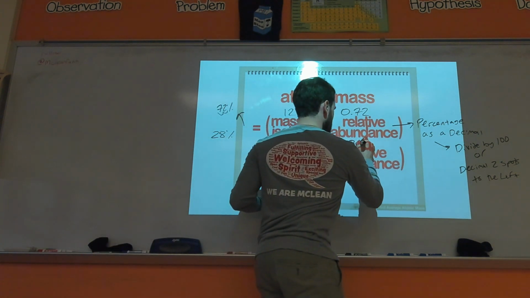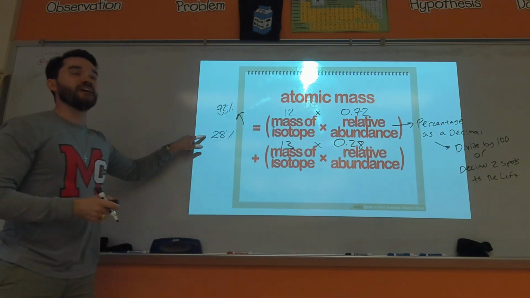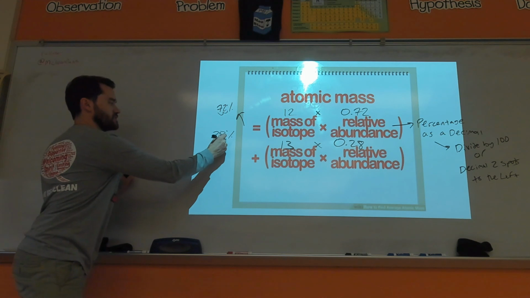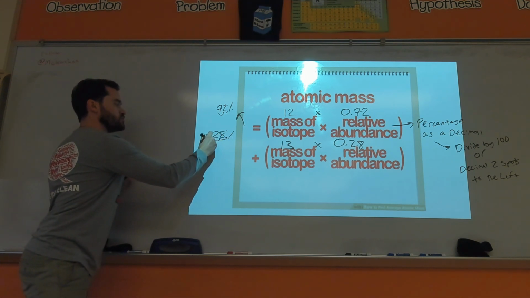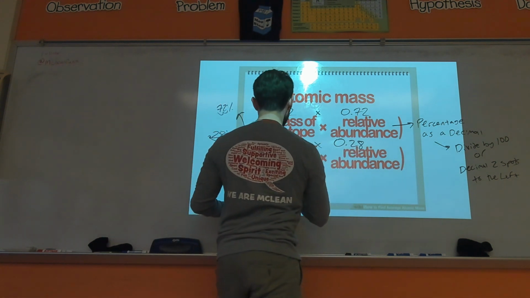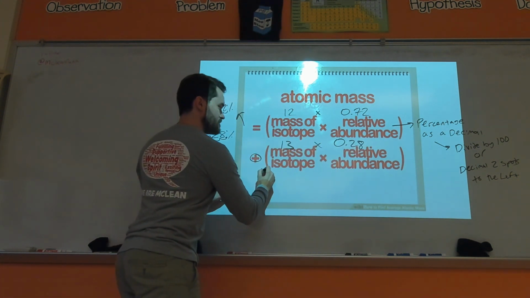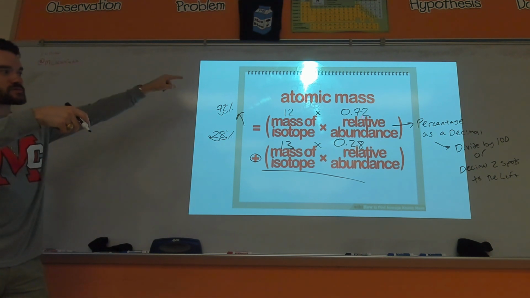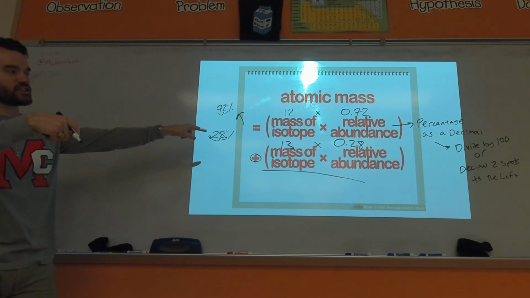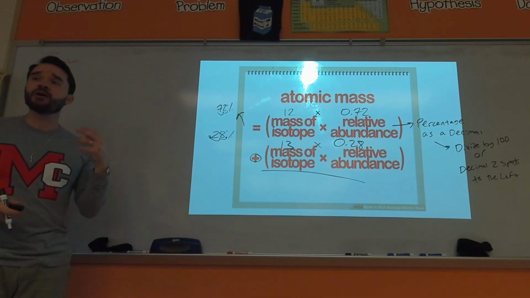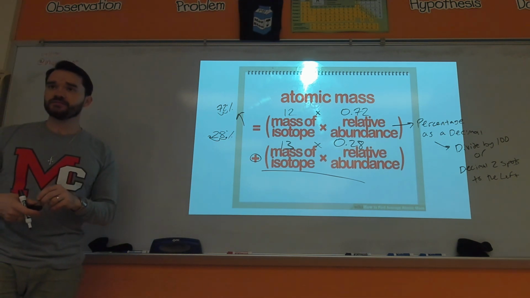How you would get that is either divide this number by 100 or move the decimal 2 spots to the left. Then you add these two things together. So 12 times 0.72 plus 13 times 0.28. That answer you get there would be your average atomic mass.